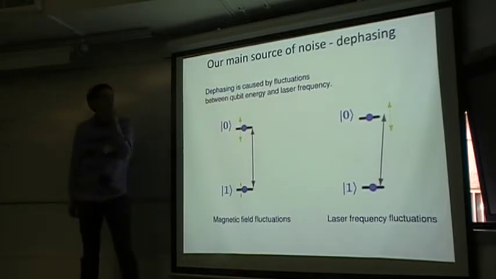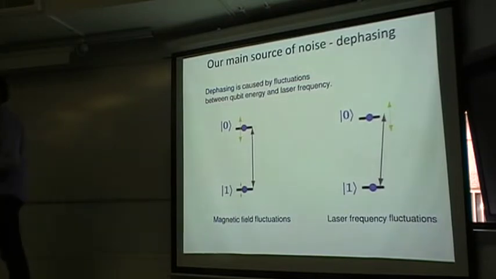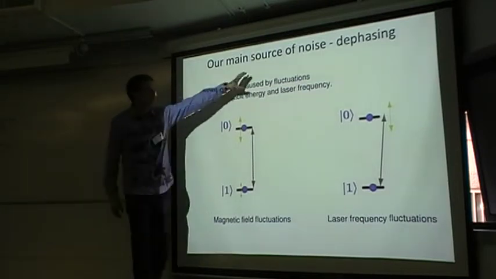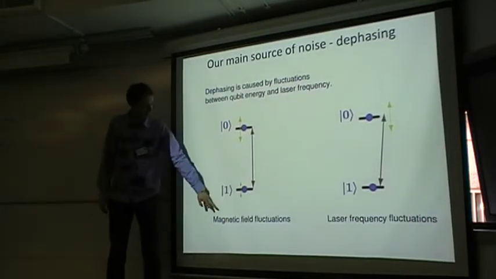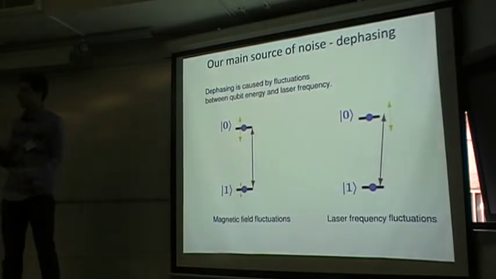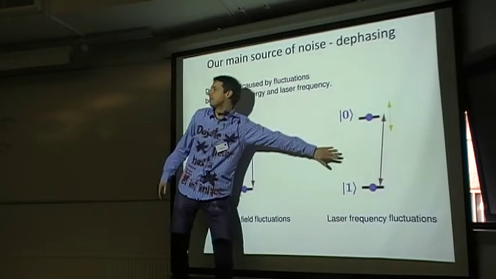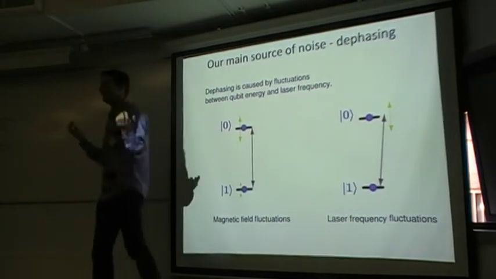So our main source of errors is actually dephasing and not bit flips. Bit flips you would have to some extent with spontaneous emission, which is a bit more complicated than just a bit flip. But what we mainly have is dephasing, and dephasing comes in our case from magnetic field fluctuations or from laser frequency fluctuations. So it's basically the rotation of our Bloch sphere. The atoms are one clock, the lasers another clock, and if they go out of phase, then we have phase errors.